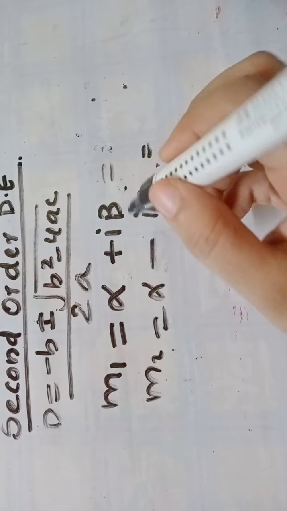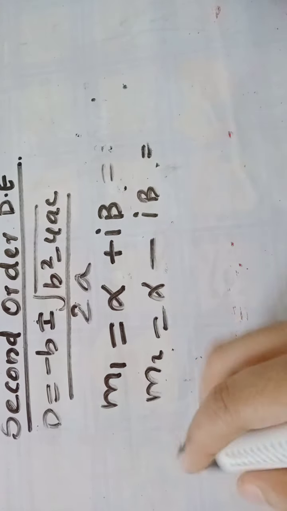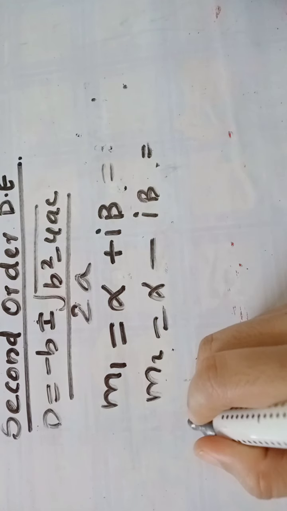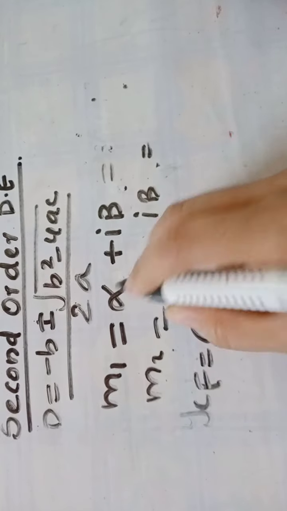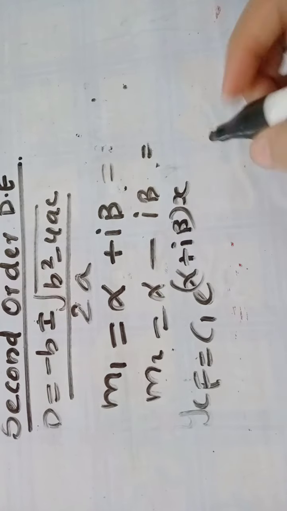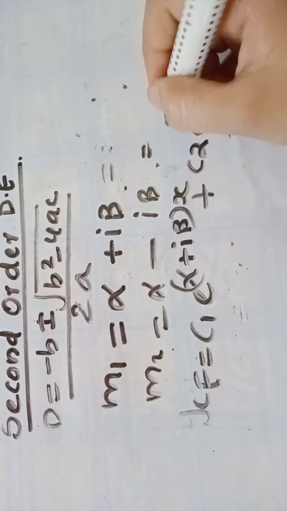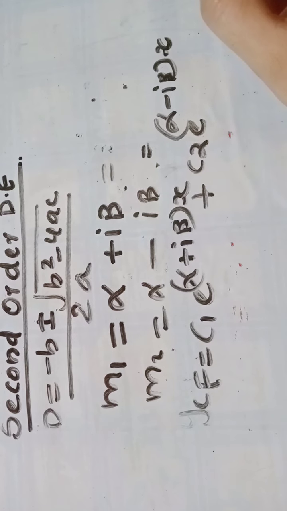And what about the y complementary function? We know the y complementary function is c1 e^(m1 x) + c2 e^(m2 x), where m1 is α + iβ and m2 is α - iβ. So the y complementary function is c1 e^((α + iβ)x) + c2 e^((α - iβ)x), and e^(αx) is common.